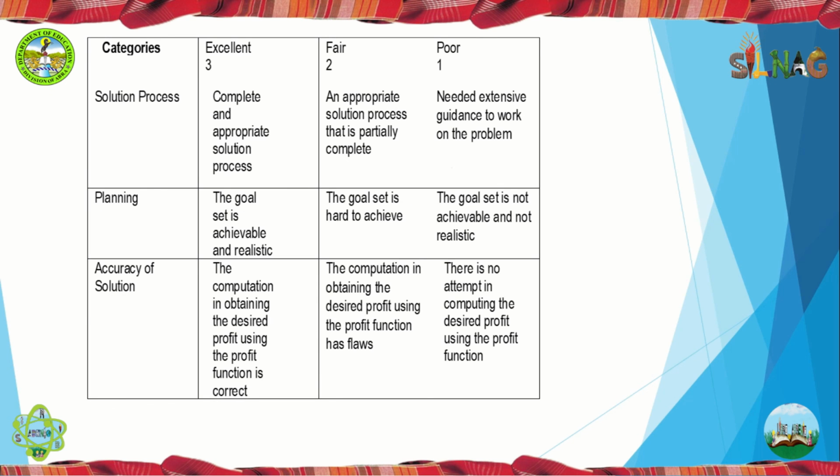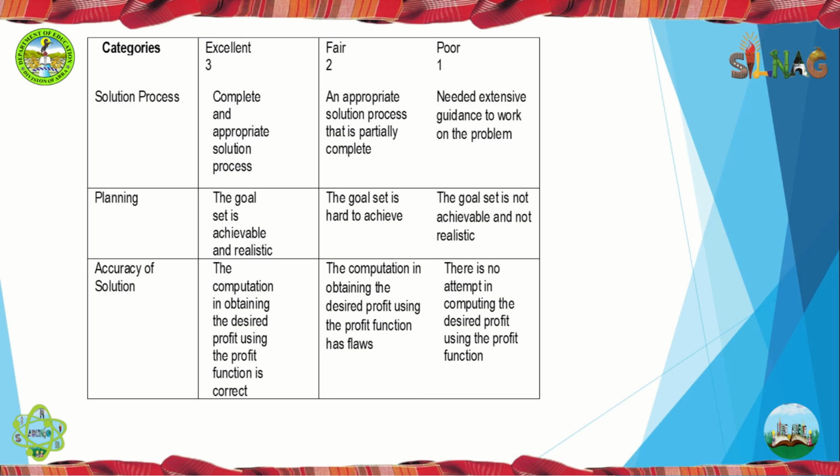Then this will be the rubrics to be followed. These will be the categories: solution process, planning, accuracy of solution. For solution process, you will be given 3 points for complete and appropriate solution process, 2 points for an appropriate solution process that is partially complete, and then 1 point or poor performance if you needed extensive guidance to work on the problem.